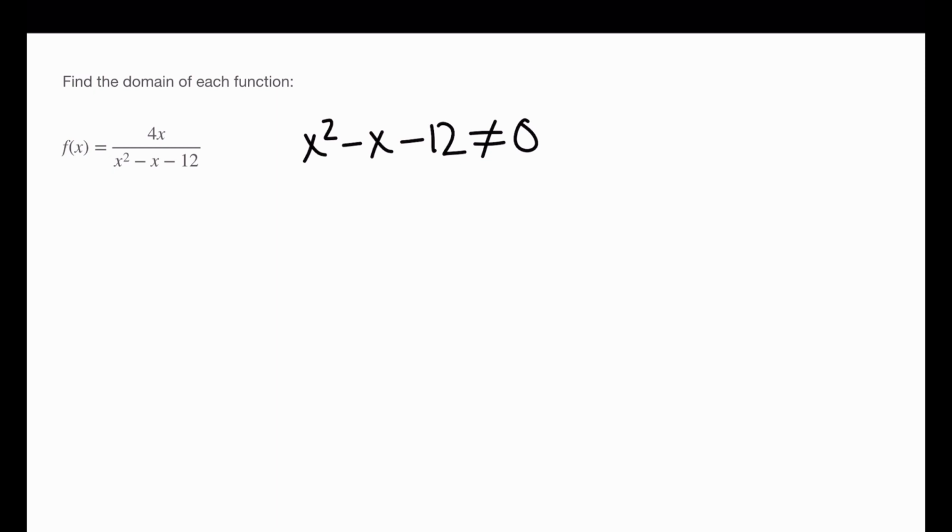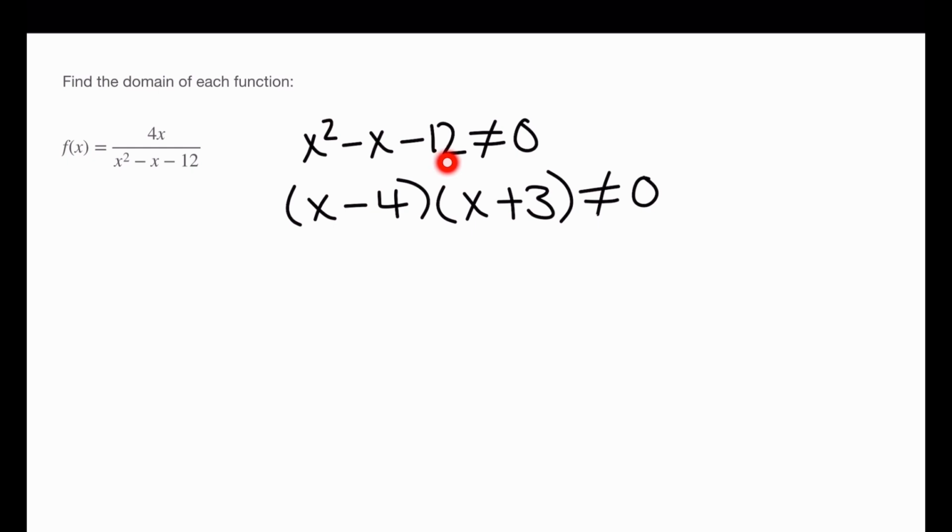I can solve this the same way I would if it was an equal sign. So one side equals 0, that's a good thing. Now I can solve by factoring, or I can use the quadratic formula. I'm going to factor this one because I know, let's see, product of negative 12, sum of negative 1 is negative 4, positive 3. So my factors are x minus 4, x plus 3.